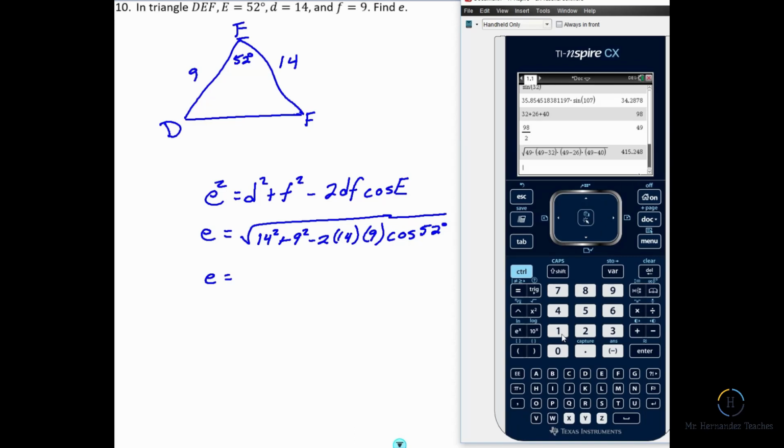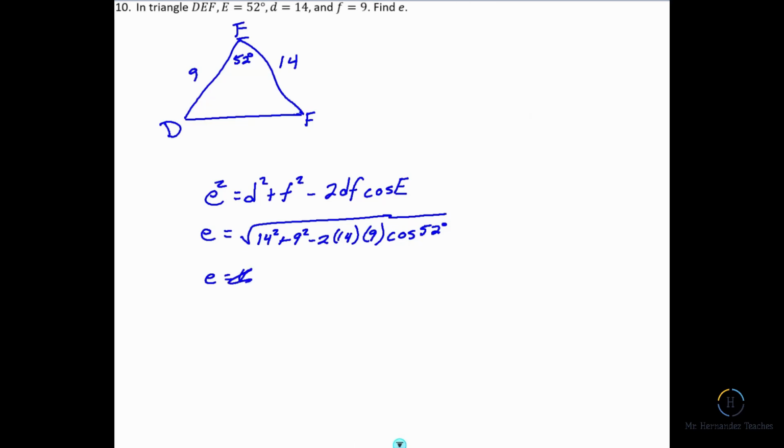Alright, so we need the square root of 14 squared plus 9 squared minus 2 times 14 times 9 times cosine of 52 degrees. So that's 11.0.